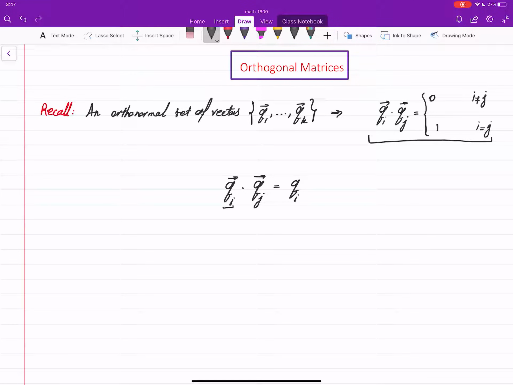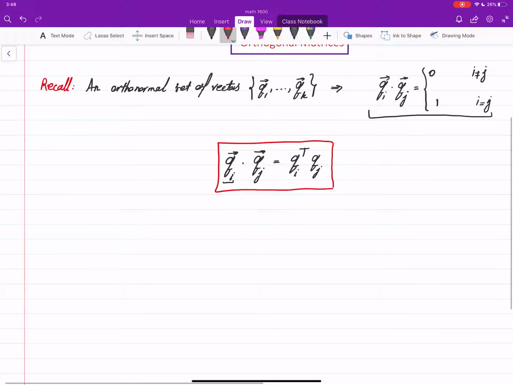So I write it without the arrow, and then transpose it, so it will be 1 by n. Then multiply it by the matrix Qj. This will be a 1 by 1 matrix, and a 1 by 1 matrix is a number. These two numbers are the same thing. This is a very key point in all these computations that you're going to see.